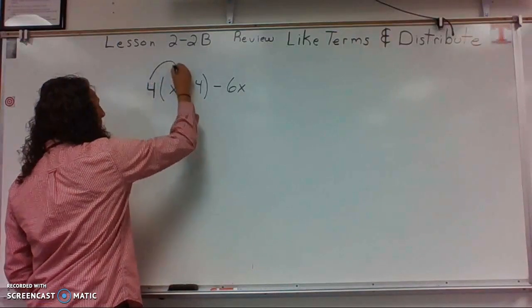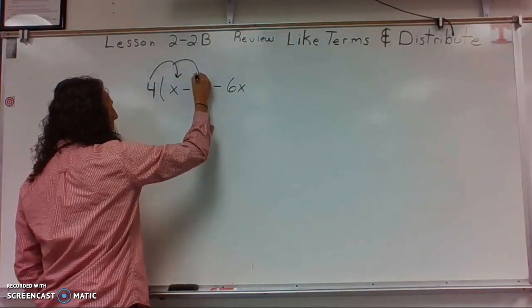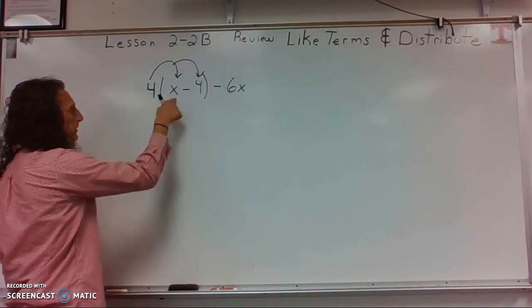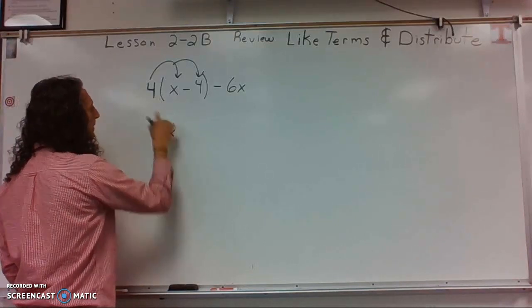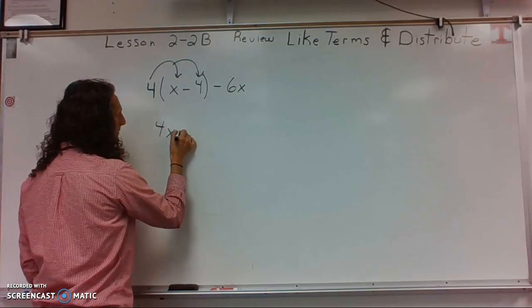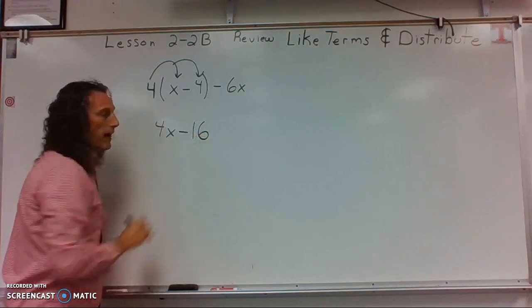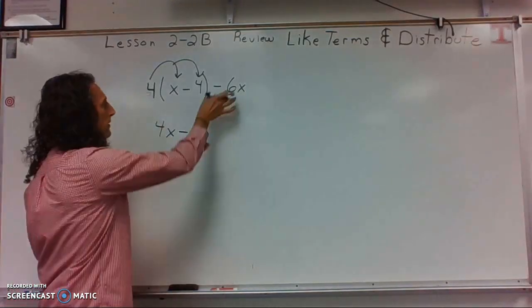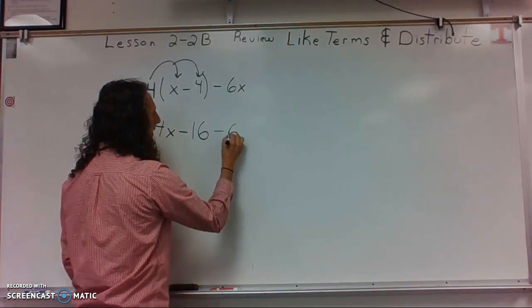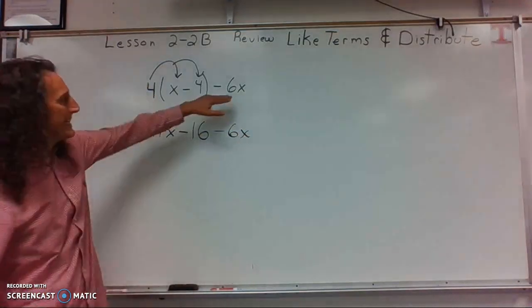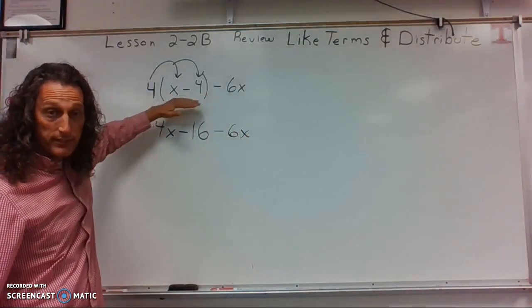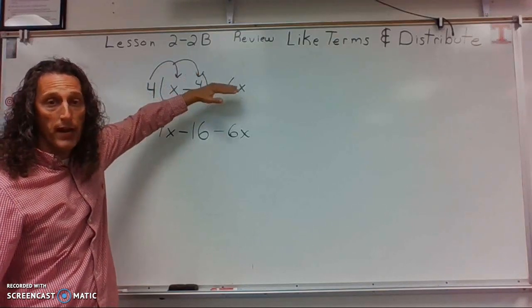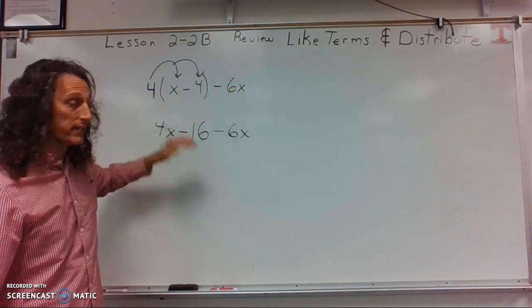So I'm going to take my 4 that's out in front, and I'm going to multiply it. So I go 4 times x, 4x. 4 times -4 is -16. And then drop down this -6x. Remember, he's not inside the parentheses, so we don't multiply that 4x by the 6x.